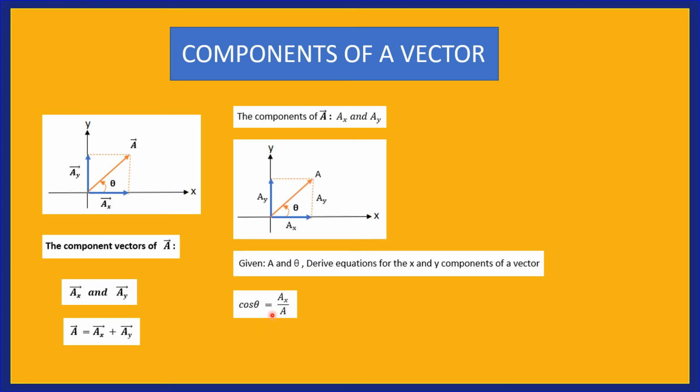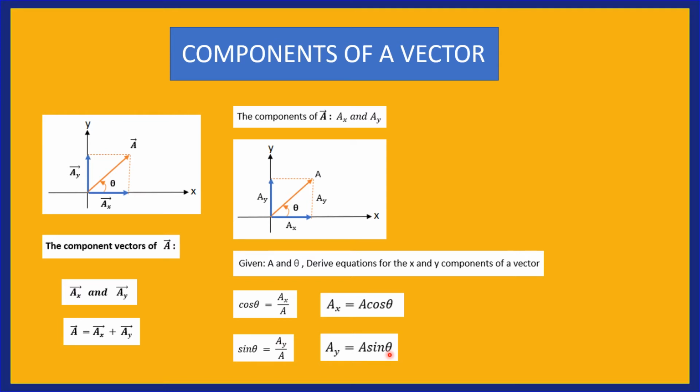So A_x equals A cosine theta. How about A_y? Given A and theta, we can use sine theta. Sine theta equals A_y over A, opposite over the largest length of the triangle. So A_y equals A sine theta.